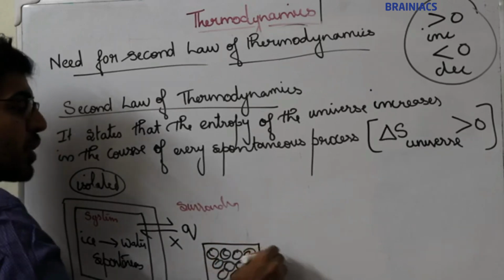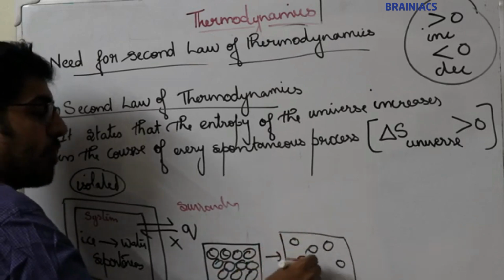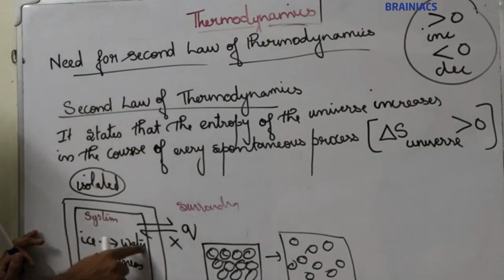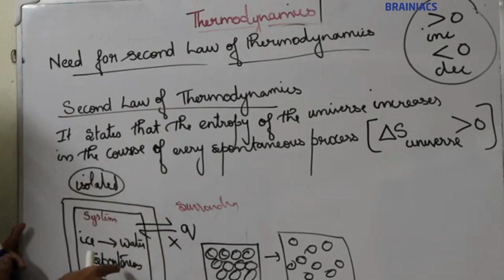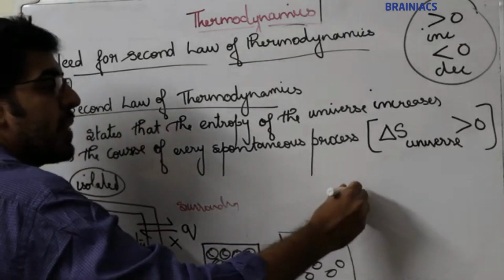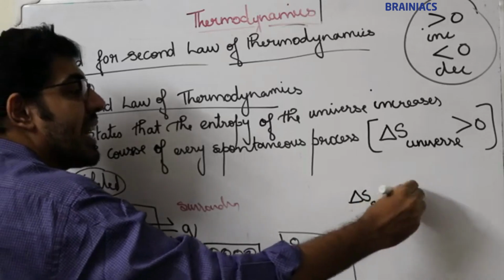In ice, particles are closely packed. In water, water particles are loosely packed. That means entropy increases. For this spontaneous process occurring in an isolated system, the entropy of the system increases, greater than 0.